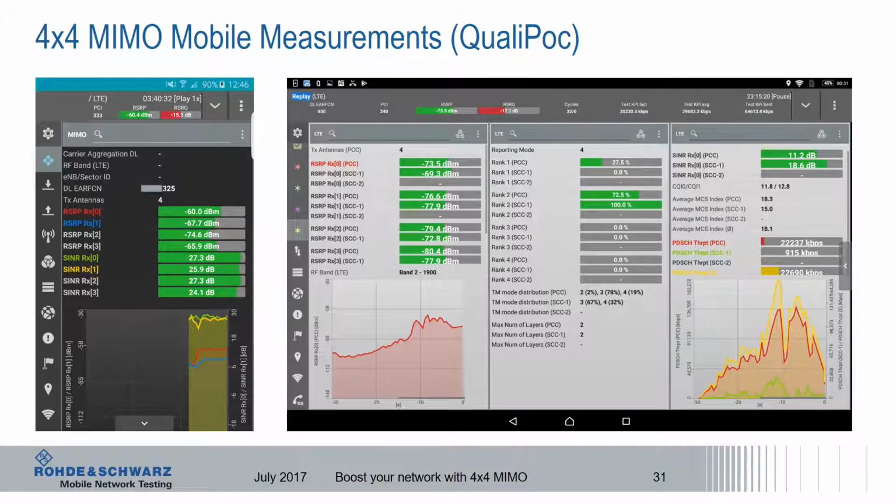You will see here also the measurement for each individual RX path, for the RSRP and for the SINR, the number of TX antennas. It might be a little bit too tiny here, but there's one thing I just want to explain on this picture already, because we will see plenty of these pictures in the following slides.